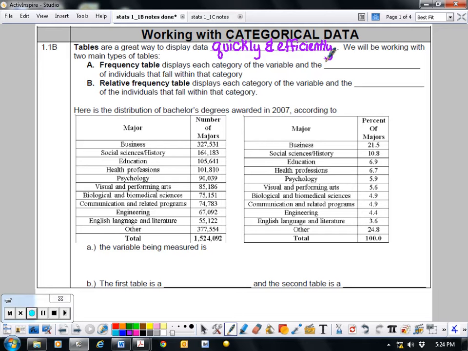We'll be working with two types of tables. There's the frequency table, which could also be a tally table, where you're really just displaying the category and how many people fit in that category, so your number of individuals that fall in that category. The relative frequency table takes that data and turns the numbers into percentages or proportions.